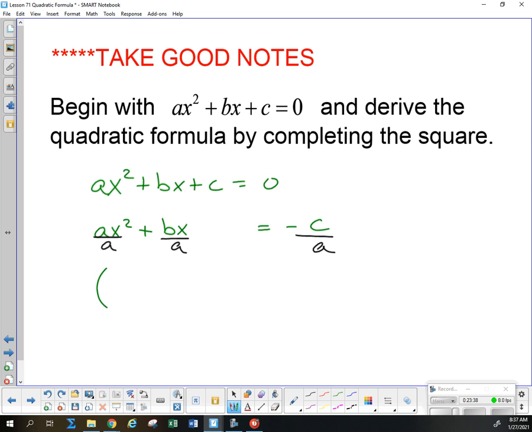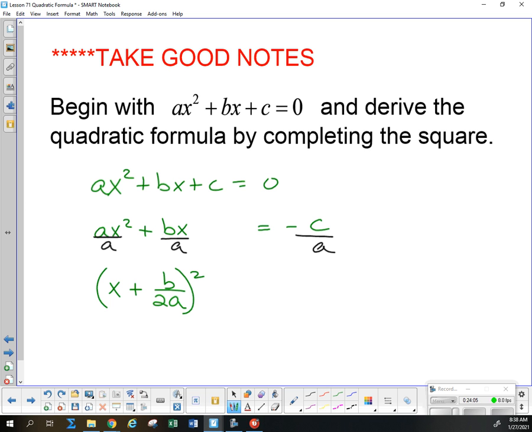Now we need to take half of that something that is times x. So we take the x, this was plus b over a. So if we take half of b over a, we have b over 2a that we need to square. Thumbs up on screen, everybody good with that? All I did was I took half of b over a.